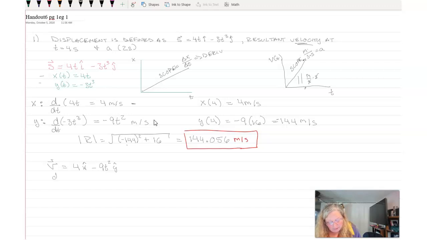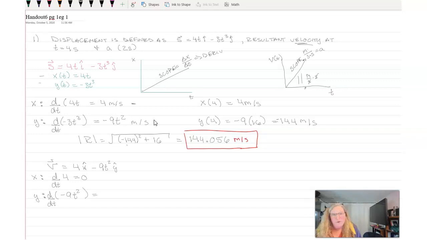So let's see, d by dt, here's my x component, just to be clear what I'm doing, of 4. There is no t, so that is 0, which should be, because if the velocity in the x is constant, there is no acceleration, the answer should be 0. For my y, I have this negative, let me be good with my notation, d by dt of negative 9t squared.